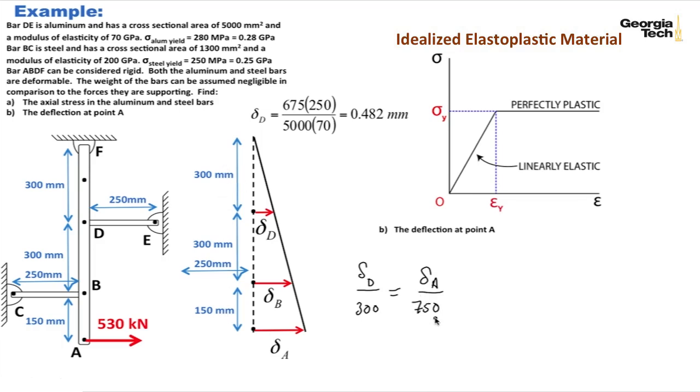And so the deflection at A then, if you calculate that out, putting in your value of 0.482 here, ends up being 1.205 millimeters. And so we've solved our problem.